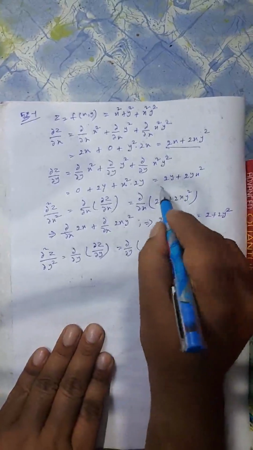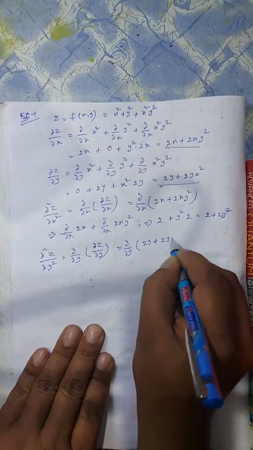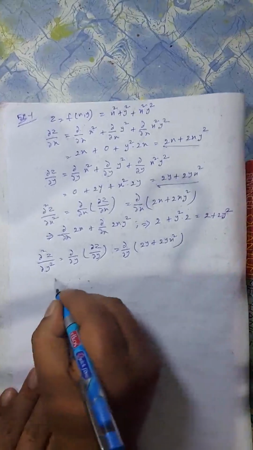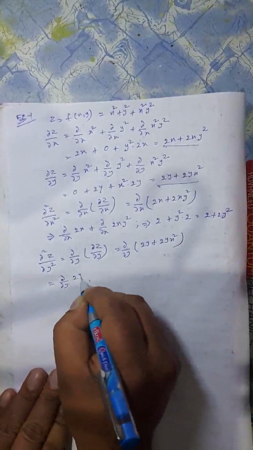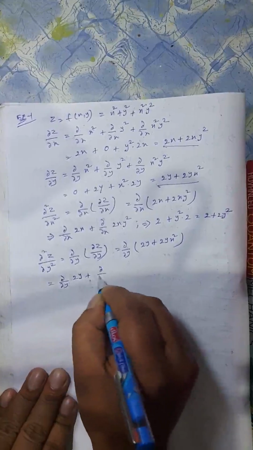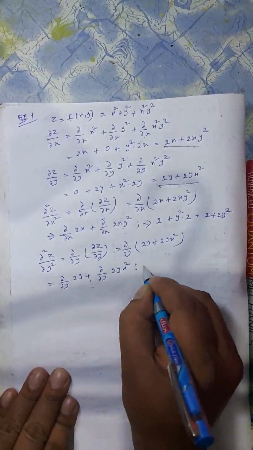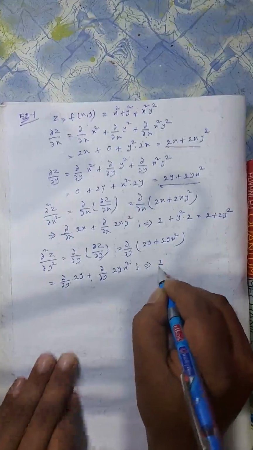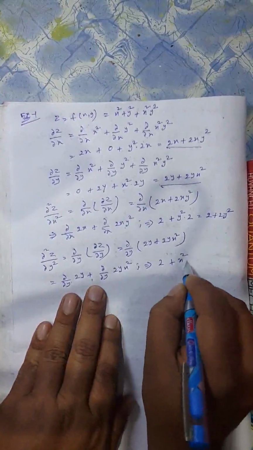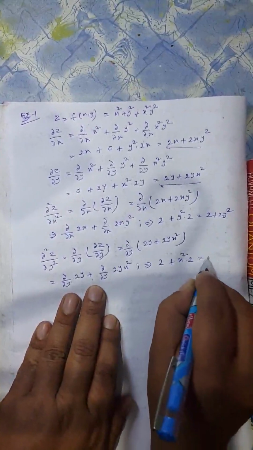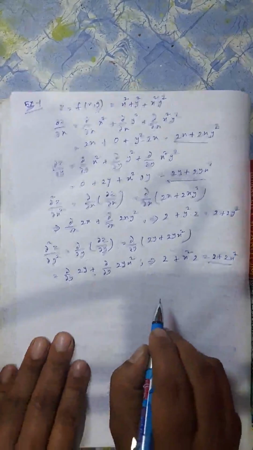We write ∂z/∂y as 2y + 2yx², which is ∂/∂y of 2y plus ∂/∂y of 2yx². This equals 2 plus, since x² is constant and comes outside, 2. Now it becomes 2 + 2x². This is the answer.